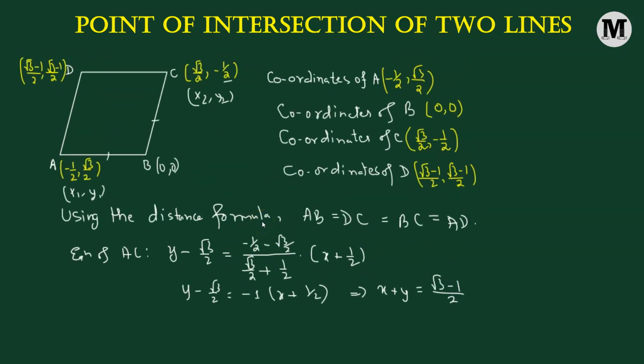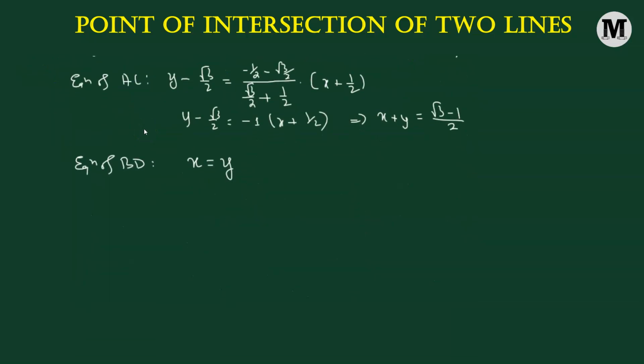So now that we have the equations of the two diagonals AC as well as BD, let's find the intersection. Let's say the intersection is at point O. All you have to do is solve the two equations. So we have x plus y equals square root of 3 minus 1 over 2, and we have x equals y.